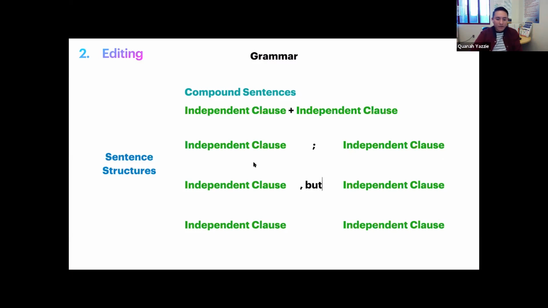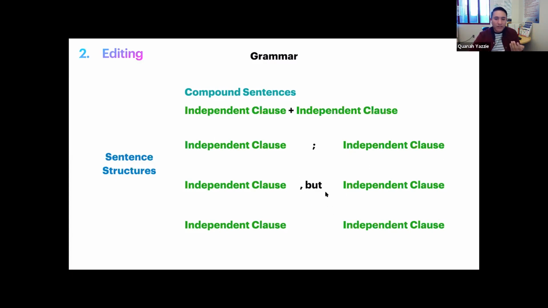Another way is adding what we call a coordinating conjunction. Here, we're separating two independent clauses with a comma plus a coordinating conjunction. This coordinating conjunction can be words like and, but, while, and so forth.